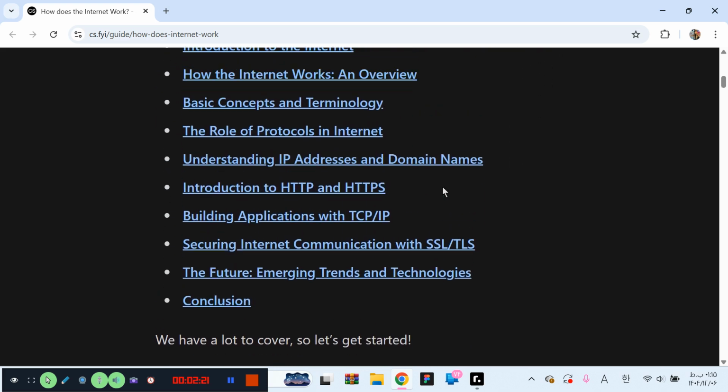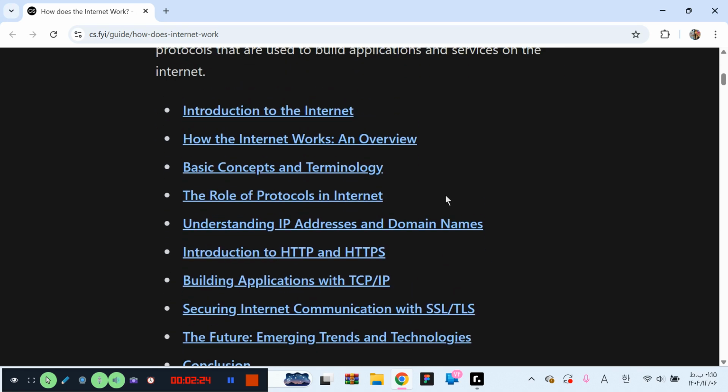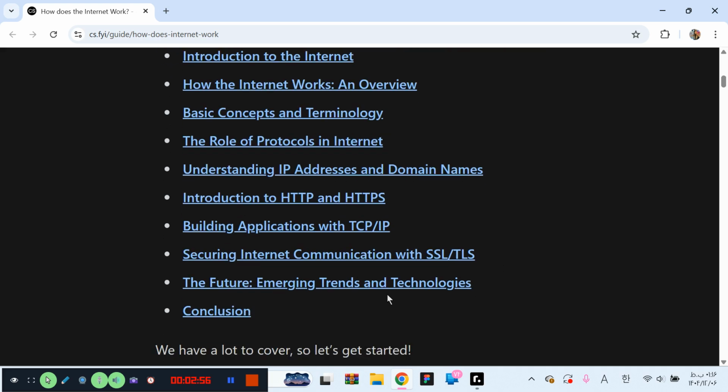See, these are the things we're going through: introduction to the internet, how the internet works, an overview, basic concepts and terminology, the role of protocols in the internet, understanding IP addresses and domain names, introducing HTTP and HTTPS, building applications with TCP/IP, securing internet communication with SSL/TLS, and the future emerging trends and technologies.